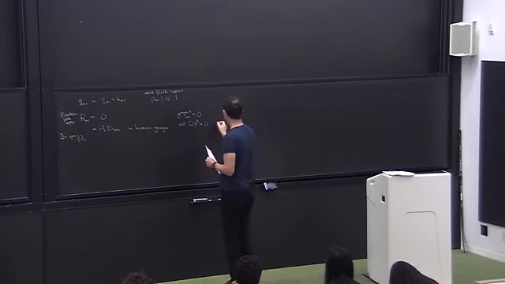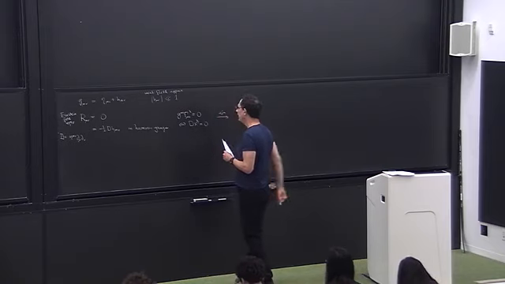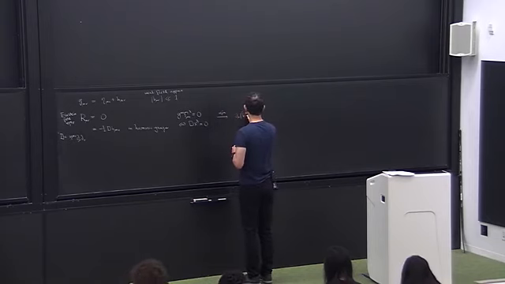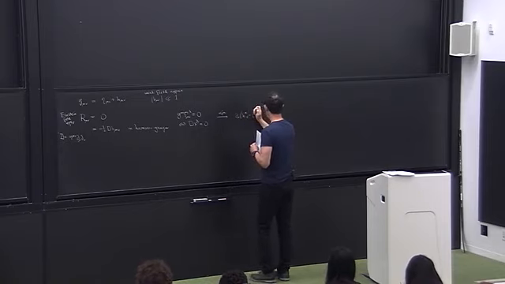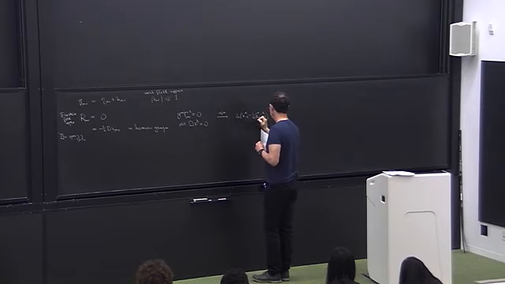So harmonic gauge in the weak field approximation, we already discussed this. It looks like d mu h mu nu minus 1/2 delta mu nu h lambda lambda equals 0.